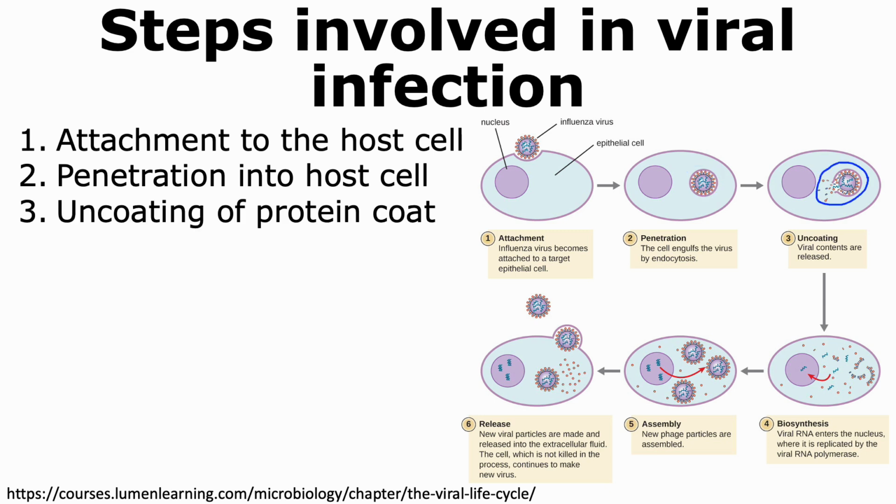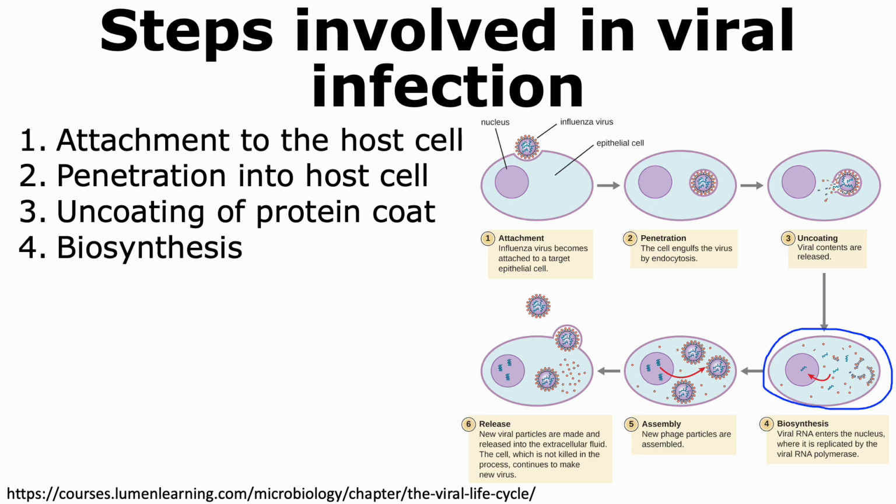The next step is uncoating of the capsid. The genetic information of the virus is inside that capsid, so for it to exit the viral capsid, there has to be an uncoating event. This uncoating event can happen either inside the cell or on the surface of the host cell.